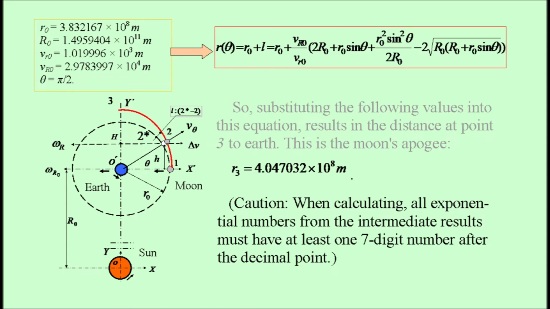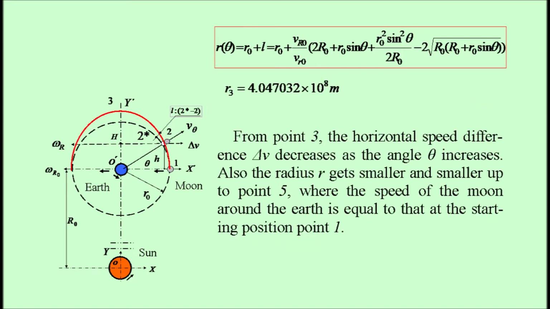From point 3, the horizontal speed difference delta v decreases as the angle theta increases. Also the radius r gets smaller and smaller up to point 5, where the speed of the Moon around the Earth is equal to that at the starting position 1.